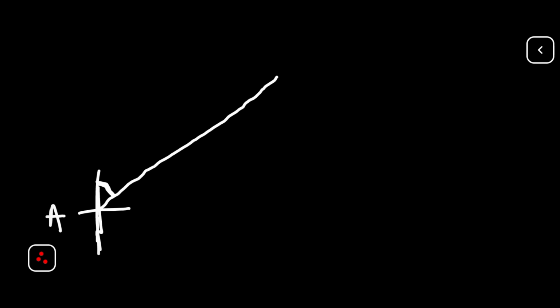For example, if we have a point A here, from point A we can determine the bearing of B. Say we have an angle from here to here. This angle determines the bearing of B, which is going to be here.